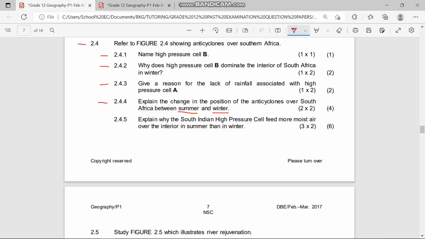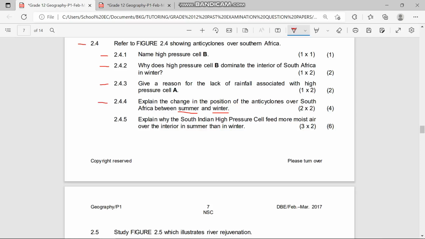If they are moving southwards, the 30 degrees south of the equator, which is the subtropical high pressure belt that causes these anticyclones to be dominant in winter, is also going to move down. Meaning that anticyclones are moving down, away from South Africa, meaning that we're experiencing low pressure.